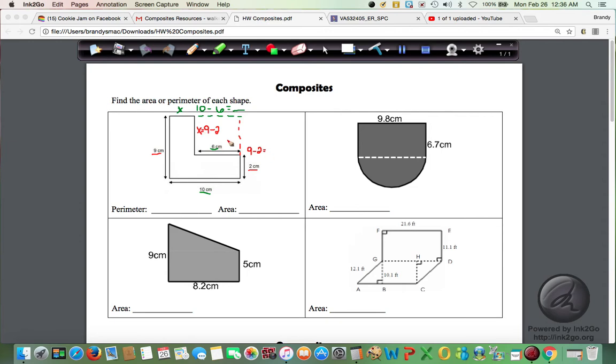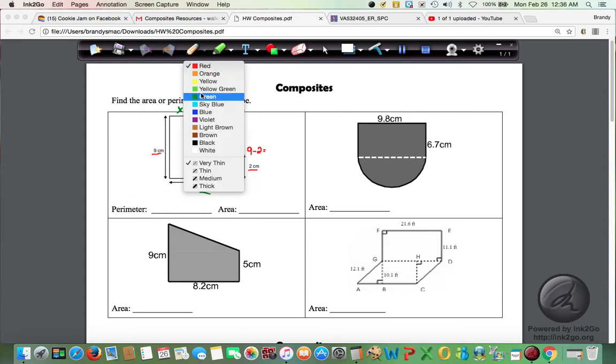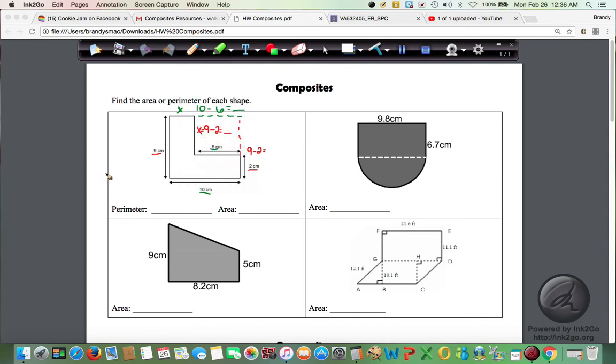Okay? Once you have that, then you can add up all your sides. So I'm going to come over here, and I'm going to add the sides I have. For perimeter now, I have 9 plus 10 plus 2 plus 6 plus an unknown, which you're going to find out on your own, plus that top piece that you're going to find out.